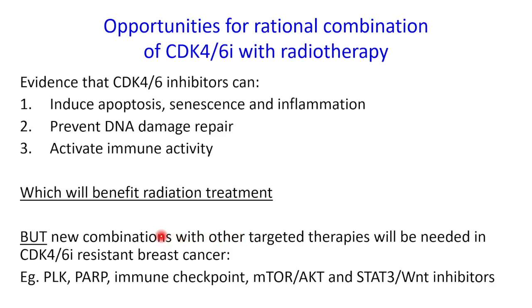And those include targeting polo-like kinase, perhaps PARP inhibition, we'll hear about more of that later, the immune checkpoint, mTOR, AKT, and possibly other signaling pathways that I've not talked about today, but STAT3 and WIMP1 appear to be important too.